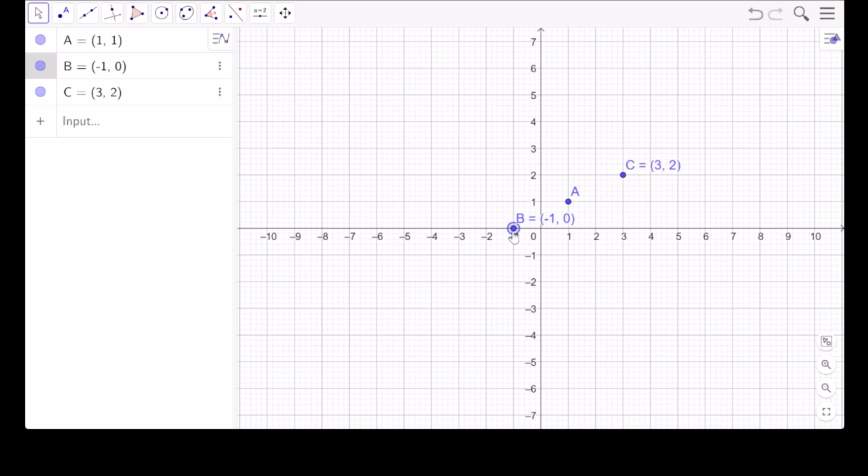Similarly, when I go to the left side, x is negative, but y is not changing, it is all 0. That means they will develop a concept that when we are on x-axis, y coordinate is 0.